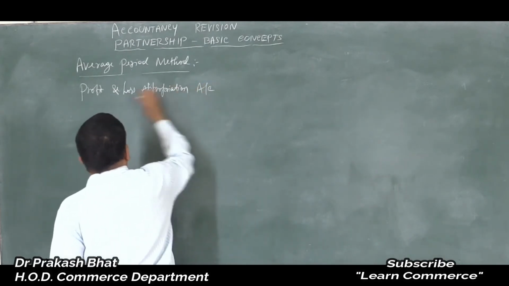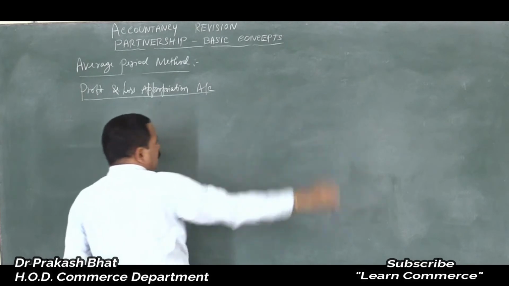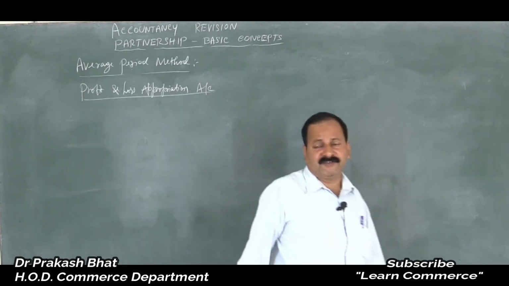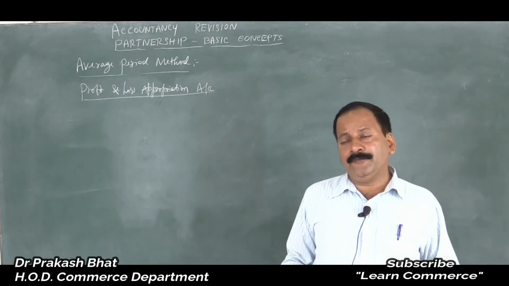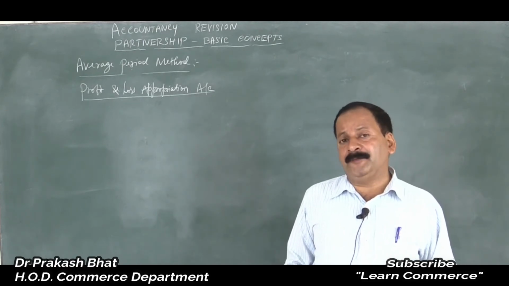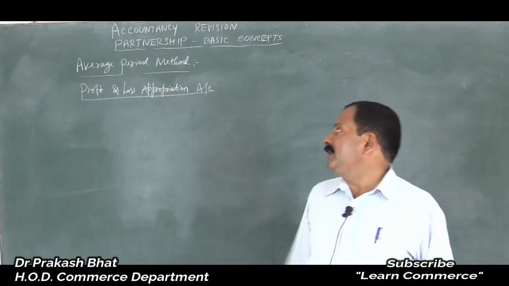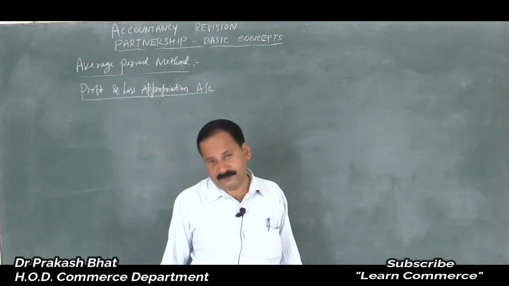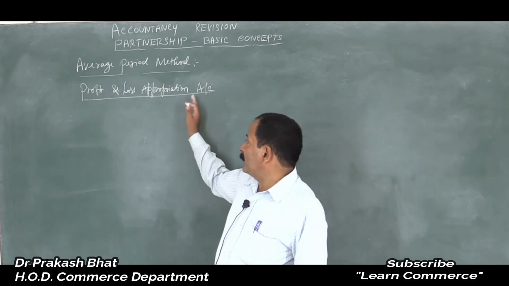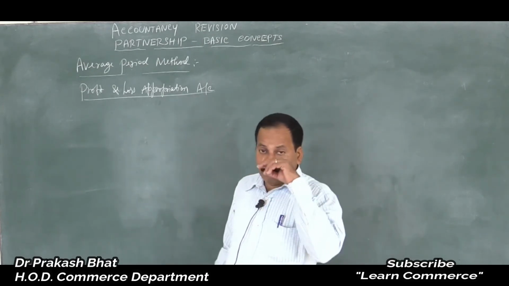Profit and loss appropriation. It is an extension of the profit and loss account. That is, after preparing profit and loss account and after arriving at the net profit, we will prepare profit and loss appropriation account. Clear? Yes. Profit and loss appropriation account is an account which is prepared by the firm.